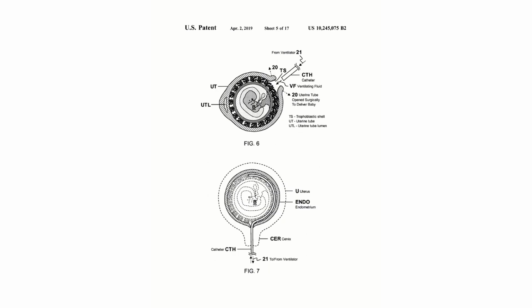To deliver the baby from the ectopic pregnancy site, you're going to have to do some surgery. You're going to make a cut in the fallopian tube, and then you're going to enucleate the baby. The baby basically will pop out like an eyeball.